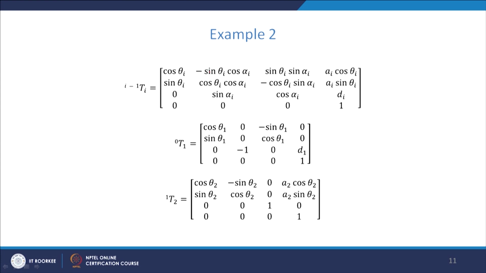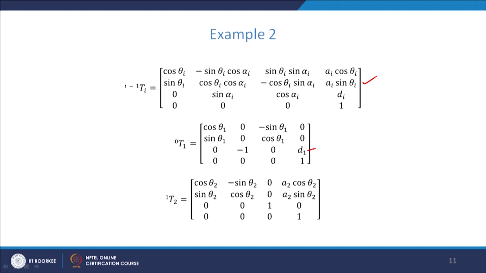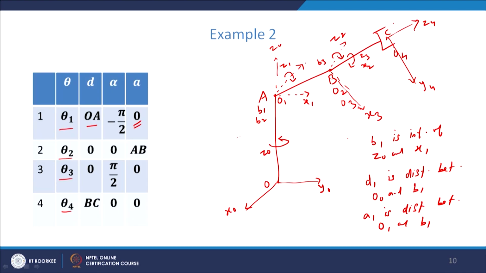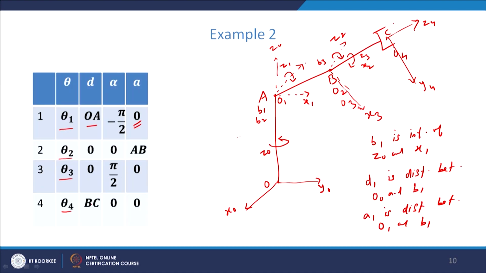Now, substituting those values in (i-1)Ti, we get 0T1, 1T2 etc. So, this d1 value is nothing but OA, and a2 value is AB, the distance. And we can see that d4 value is BC.